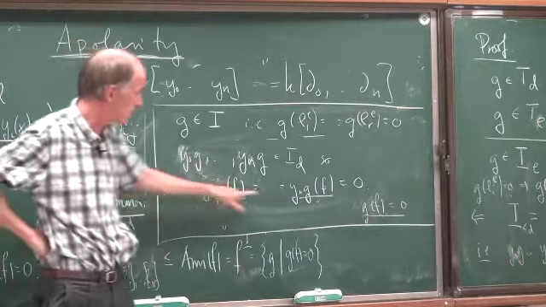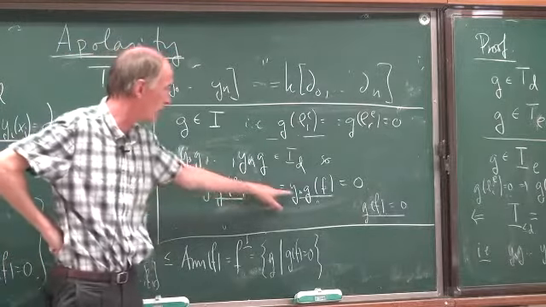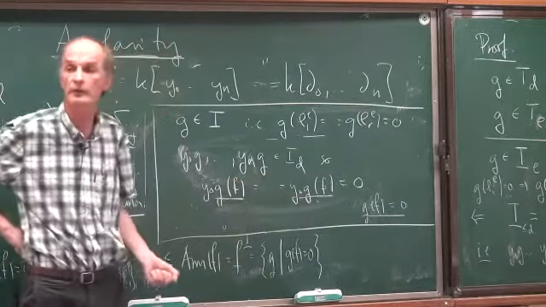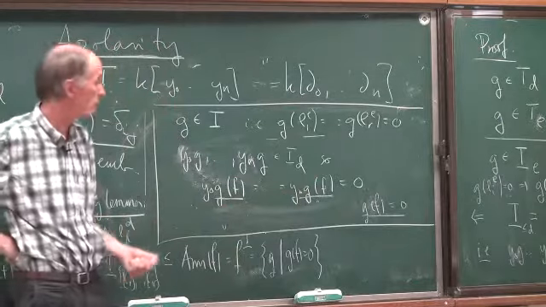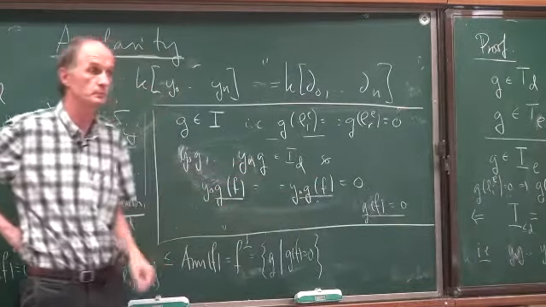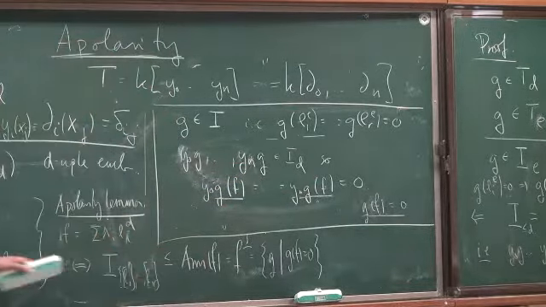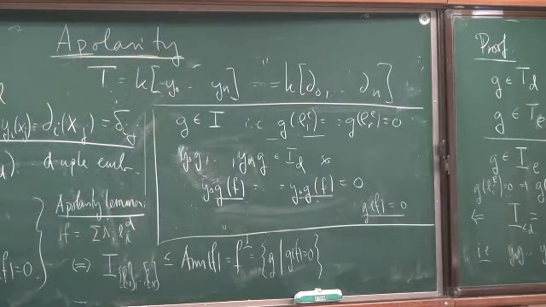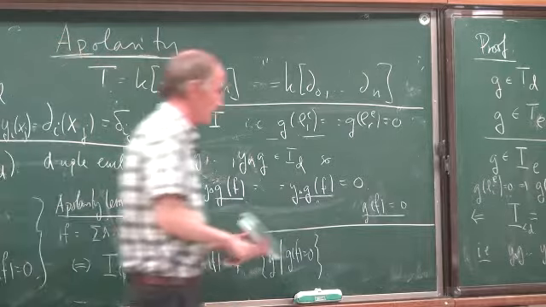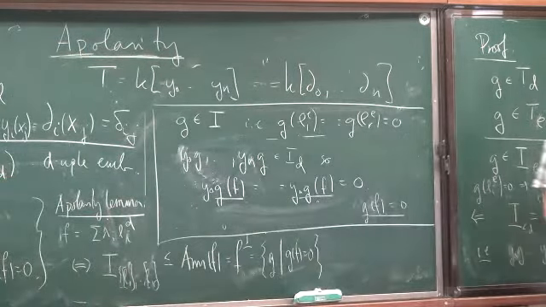When I take all the partials, y0 up to yn of this polynomial, I get 0. Then G of F must be 0. Okay. Anyway, so this is the apolarity lemma.